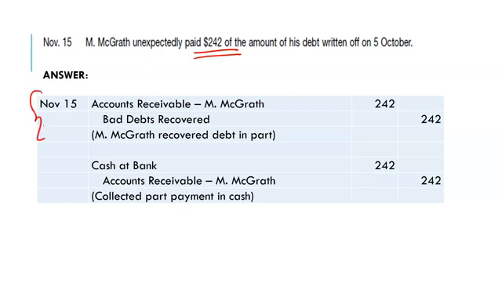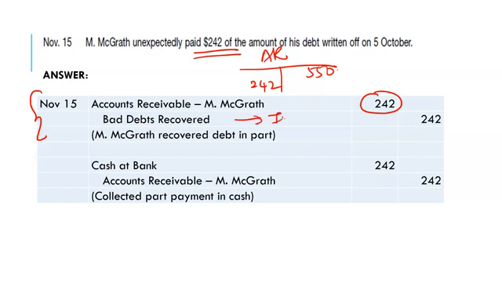So this is the process to reinstate the account. You're going to debit back the McGrath account by 242. So in your account receivable, before this you already minus 550, and now you add back 242. And then you're going to put it as your revenue, that is bad debt recovered.